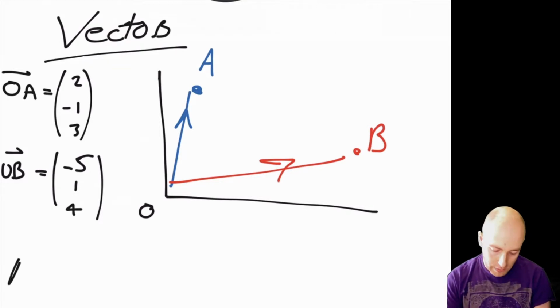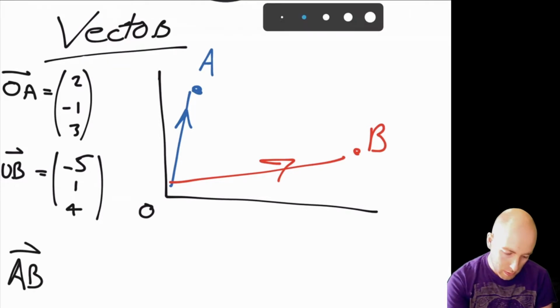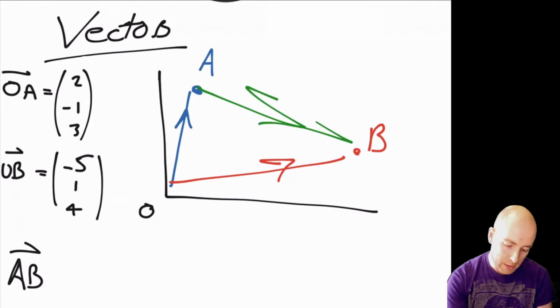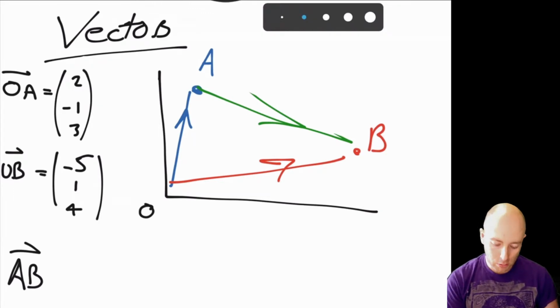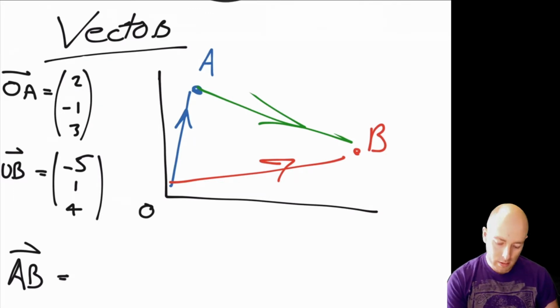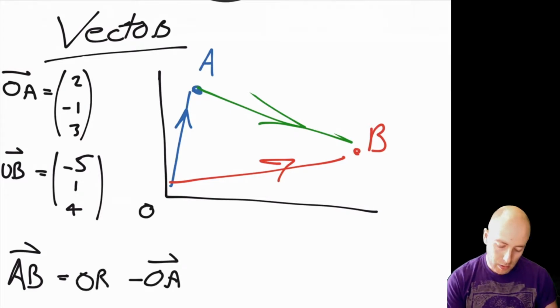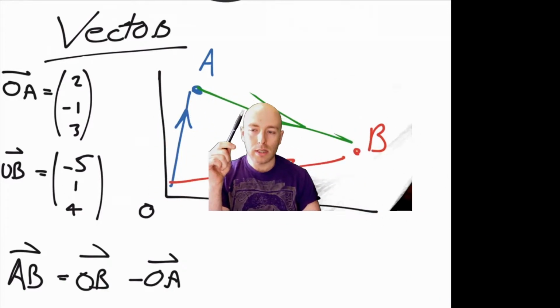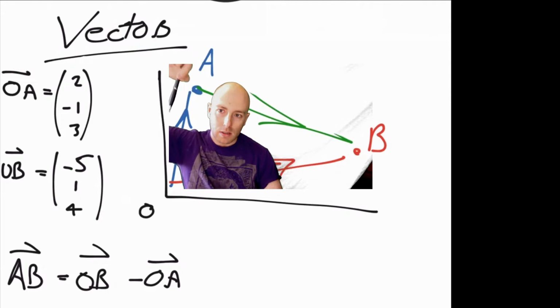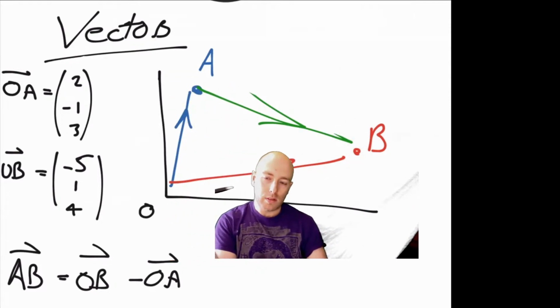If I wanted to try and find AB, that has to be in the direction from A to B. If I want to try and find that, we can use the triangle law. So triangle law says you can go backwards A, so minus OA, and forwards B, so OB minus OA. So that's like saying this route here is the same as going backwards this way, forwards this way.